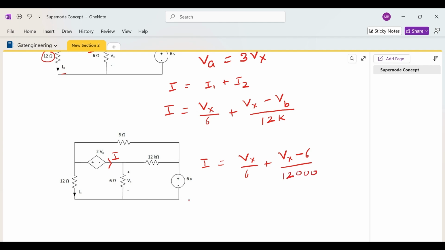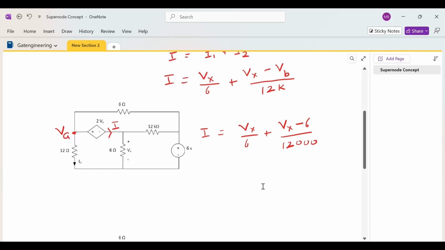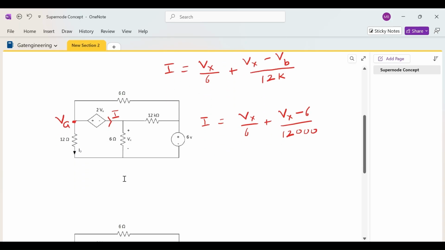How can we solve now? I will apply the nodal equation at this point Va. The nodal equation will be Va divided by 12, which is the current through the 12 ohm resistor. The current through the 6 ohm resistor will be Va minus 6 volt divided by 6, plus I, equal to 0.